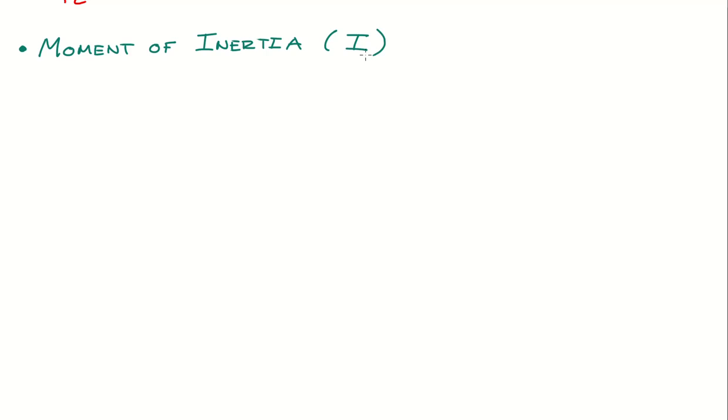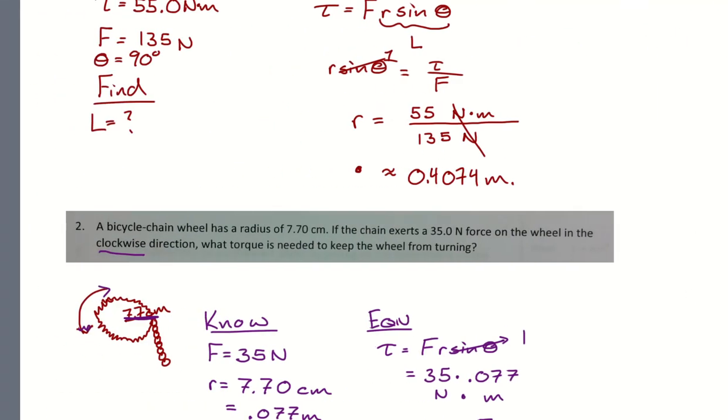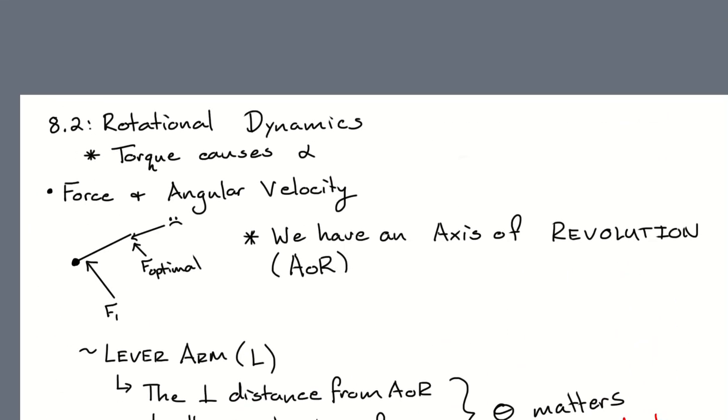And if inertia is just the regular resistance to motion, we're talking about a special type of motion in this chapter. What sort of motion are we talking about? Rotational.